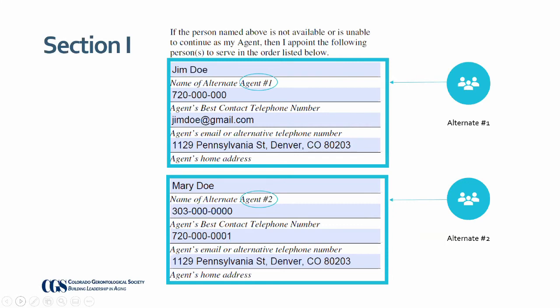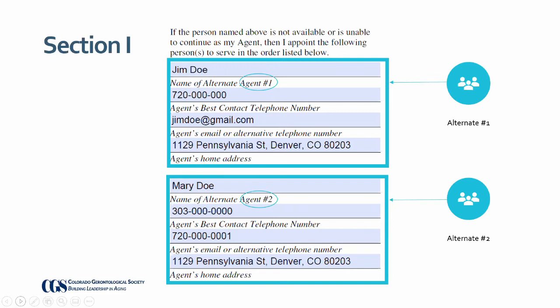So it's jimdoe@gmail.com. We want to make sure that the email address, just like the phone and the physical address, is completed in its entirety. So we have Jim Doe's information.